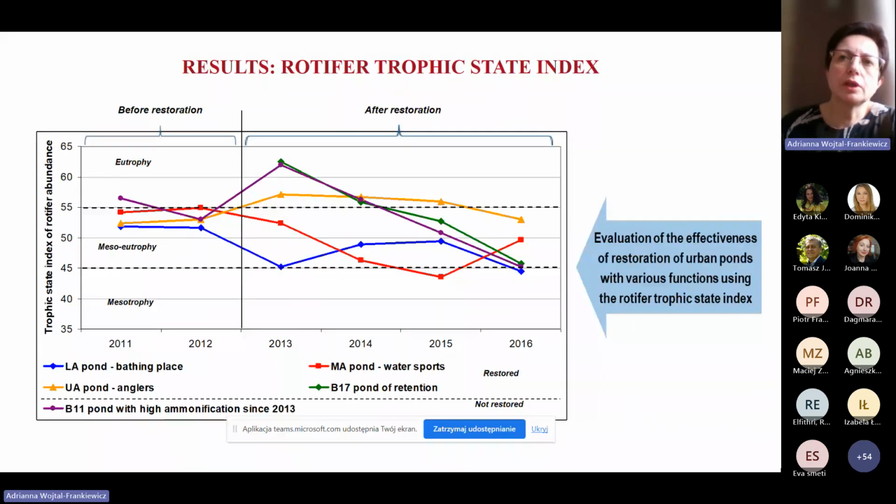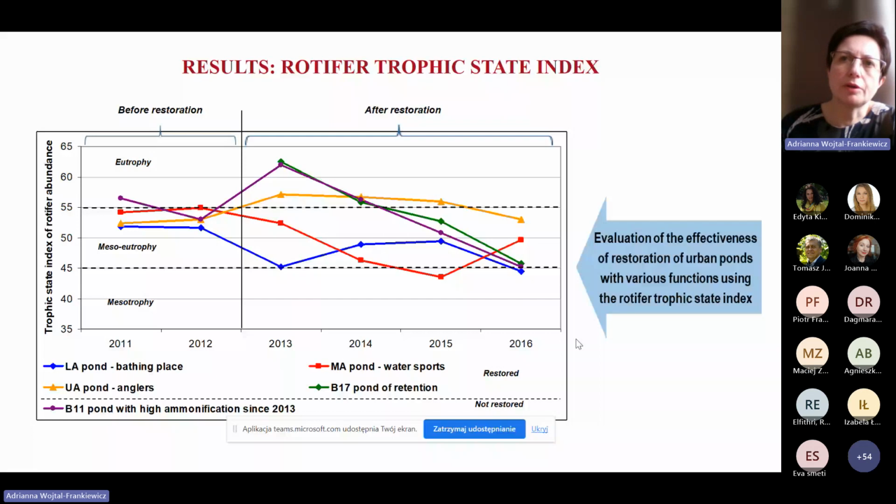You can see the results of the rotifer index in Arturówek reservoirs on this figure. Here, marked by yellow is Arturówek upper, by blue is lower Arturówek, and middle Arturówek is marked by red. Only in two cases the index values are at mesotrophic level, but in one case at eutrophic level.